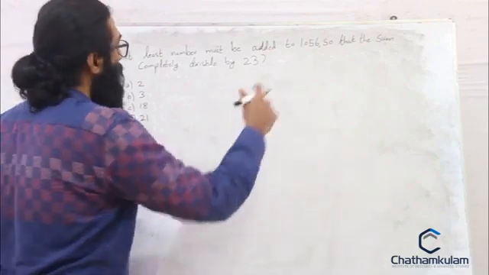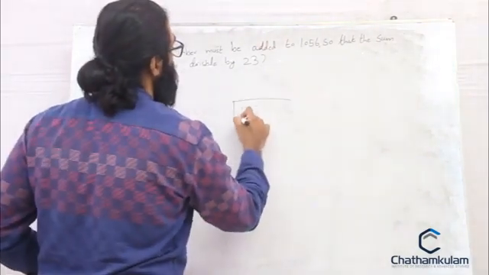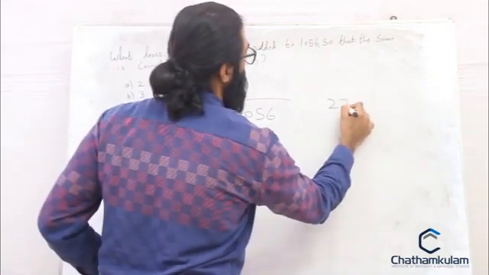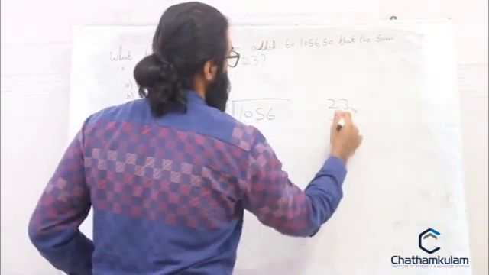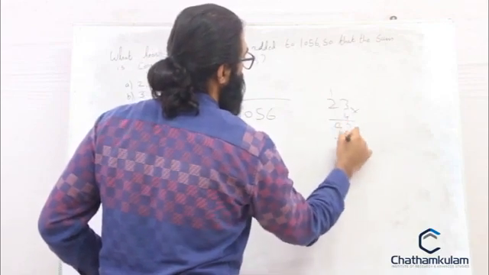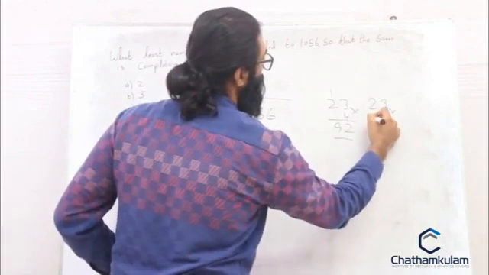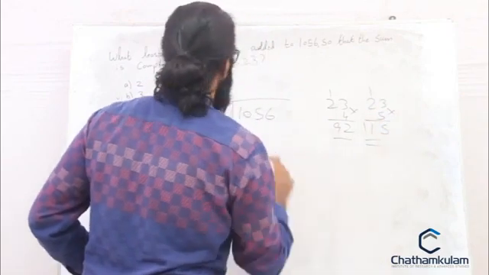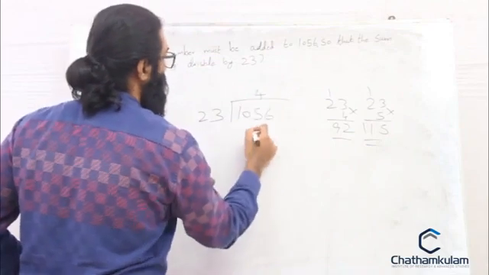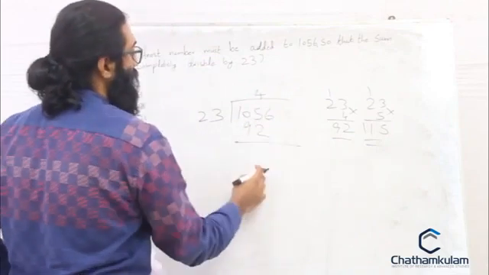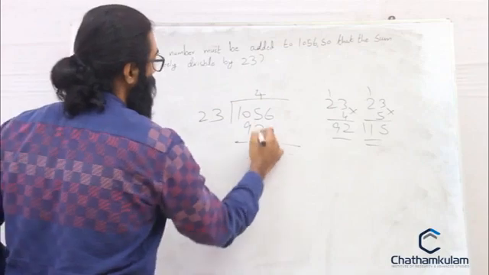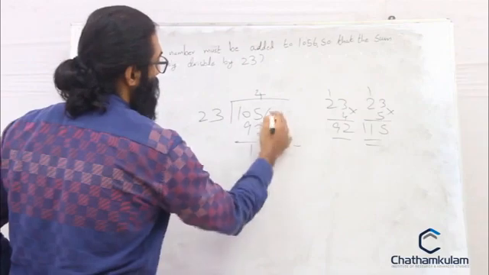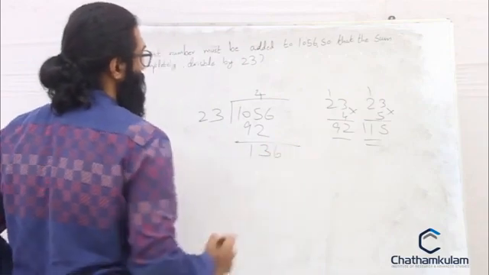So the first step is we divide the number 1056 by 23. 23 into 4 is 92. 23 into 5 is 115.